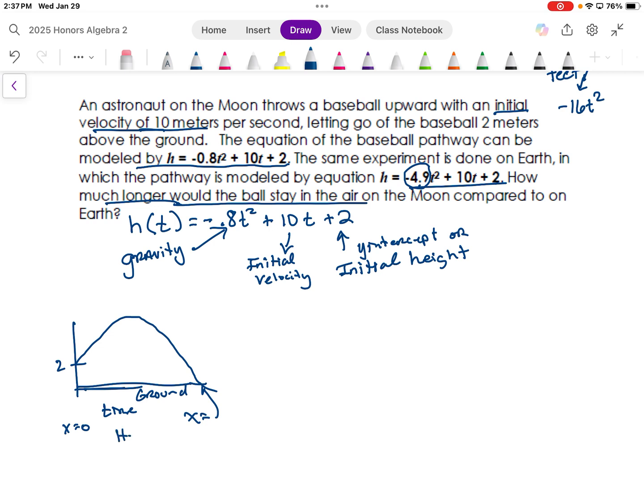That's how long it was in the air. They're asking how much longer the ball on the moon would stay in the air than on Earth. We know things on the moon don't come down quickly because of the gravity.